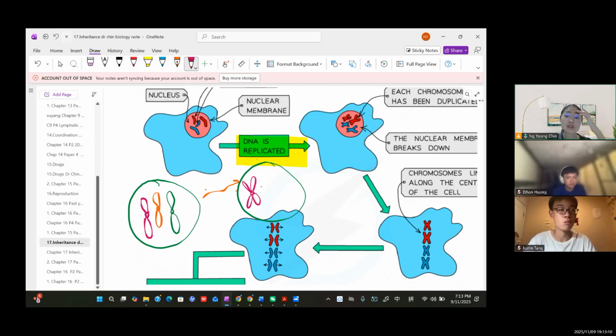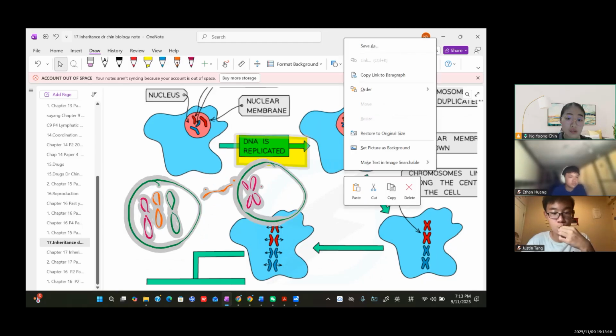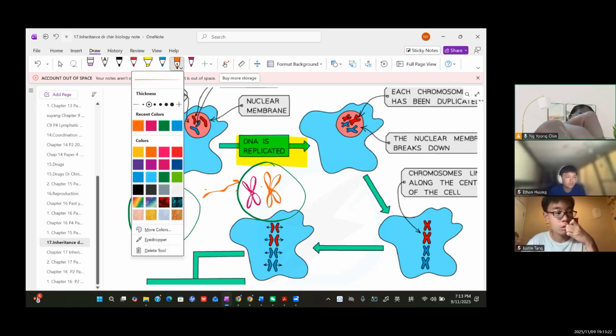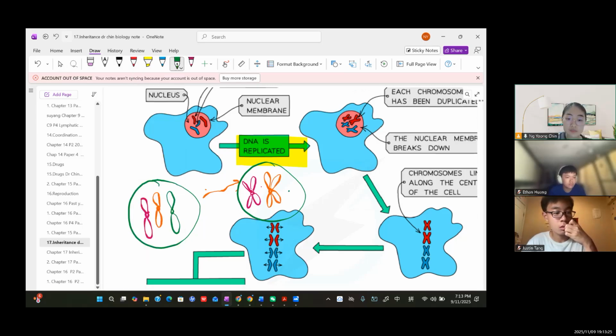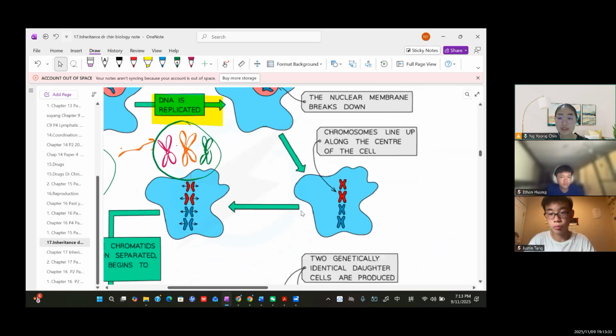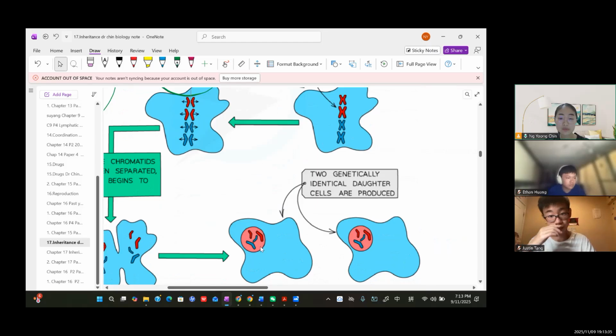Now they become like this, producing another copy, because DNA is being replicated, which means you have another copy of the DNA. Okay, another one will be like this. So you can see each chromosome is being duplicated, and then you will continue to the phases.